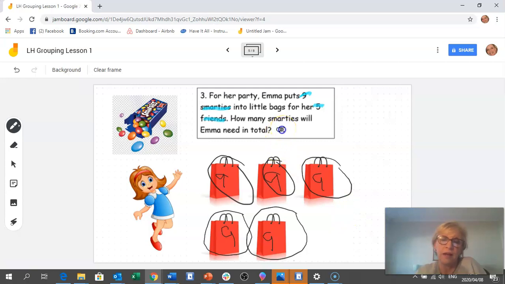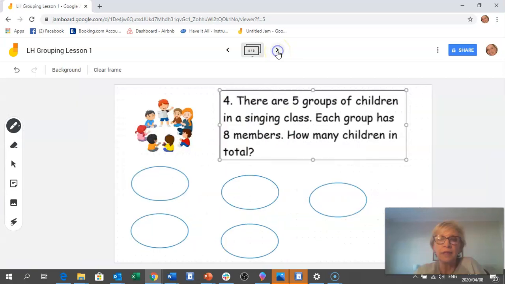So 9 times 5 equals 45. So she would need 45 Smarties in total in order to fill 5 bags with 9 Smarties each. I hope you're getting it, guys. Is it becoming more familiar?